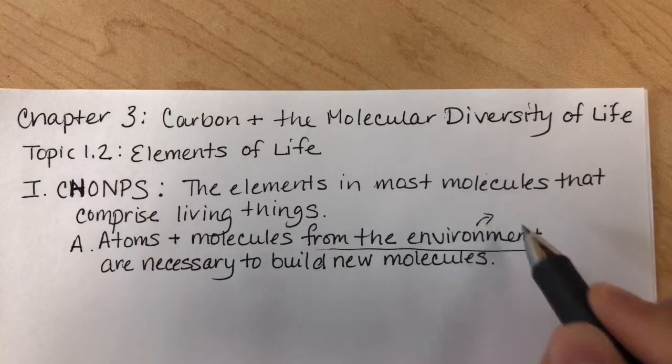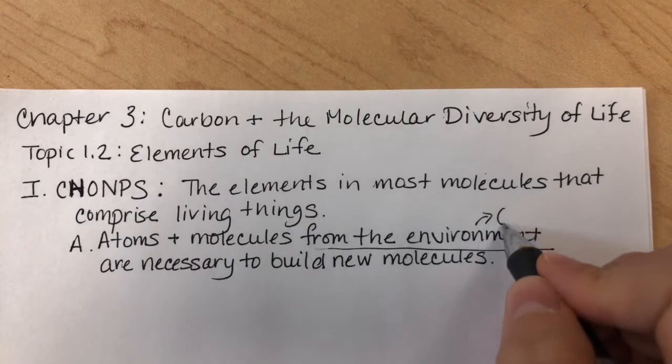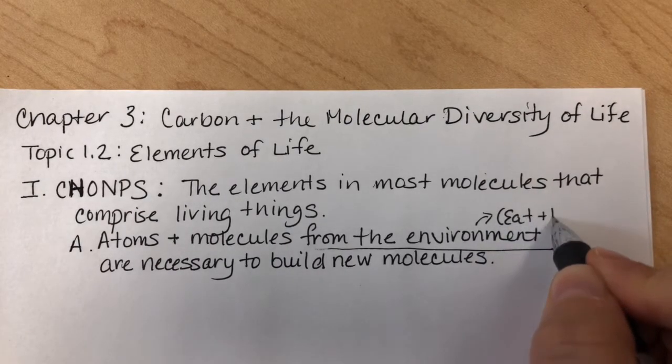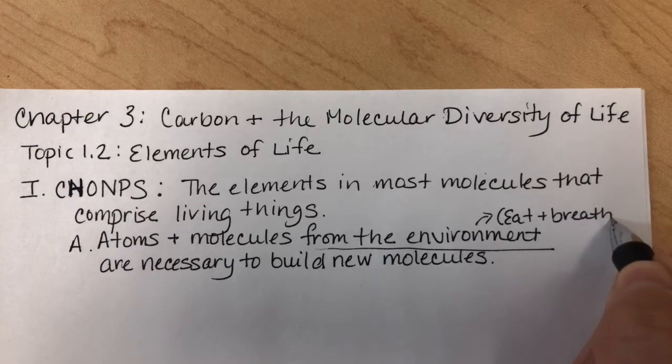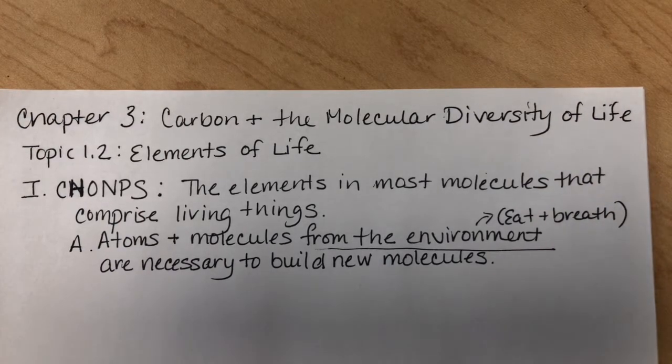I'm going to say that we really eat and breathe those molecules, or those atoms, and then we rearrange the atoms to form molecules that are important to our bodies. All right, and so that's where those come from.